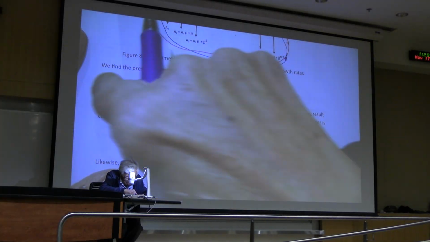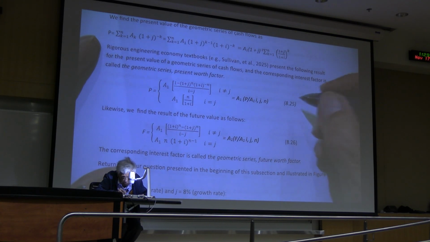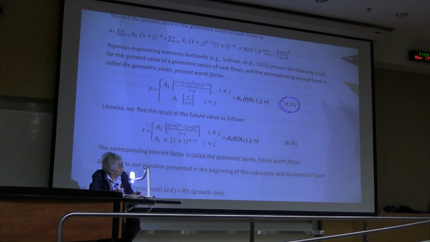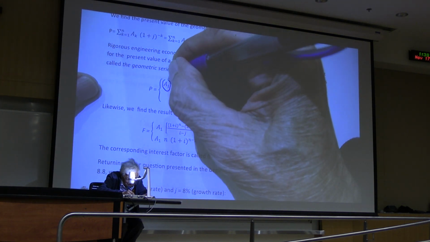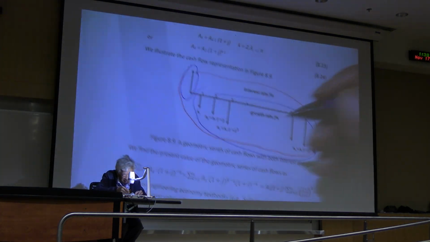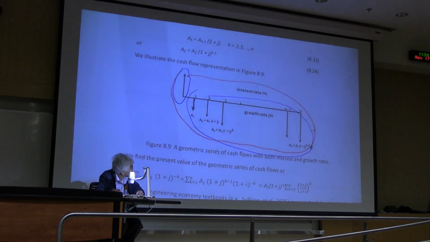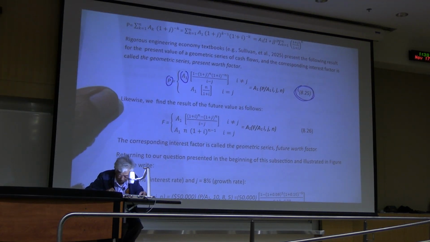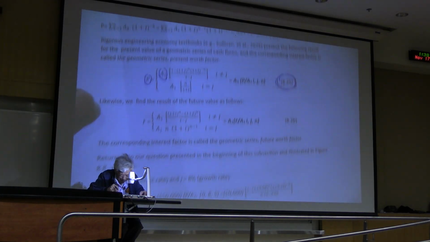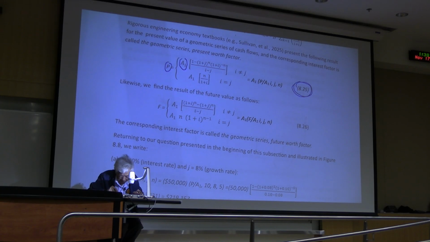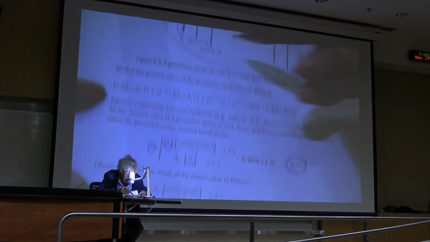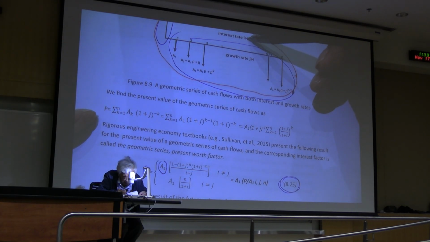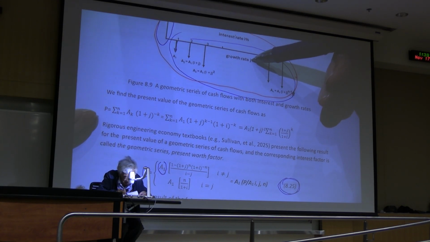Without going through all the calculation, there's a formula, A.25, to go from A1 to P, with interest rate i and growth rate j.